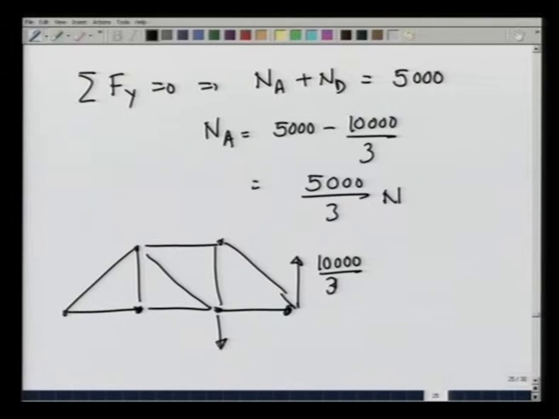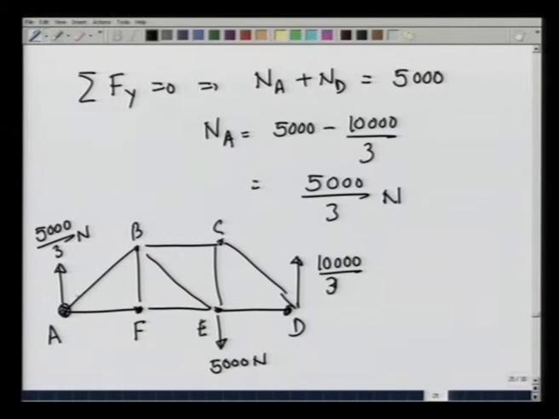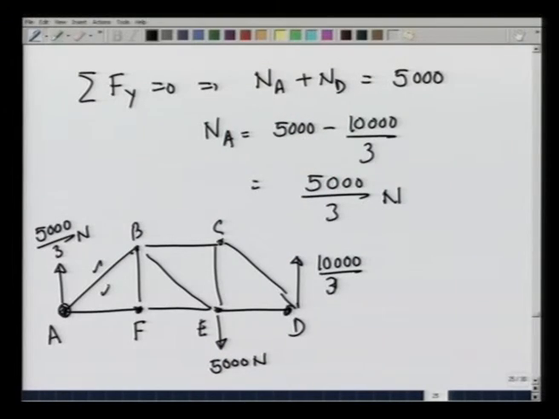There is a force acting here downwards, 5,000 newtons. There is a force acting upwards here, 5,000 over 3, and this is A, B, C, D, E and F. Now, at point A, there are two unknowns, force due to AB member and force due to AF member, and therefore, if I bring this pin in equilibrium, I have two equations, summation Fx equal to 0 and summation Fy equal to 0. I can solve for both the forces. So, let us do that at point A.